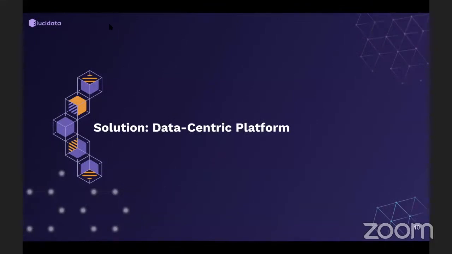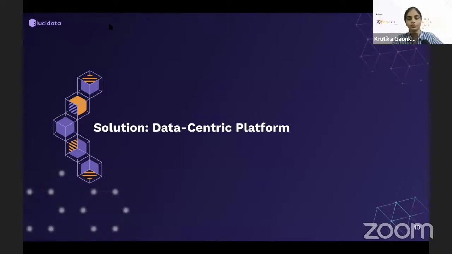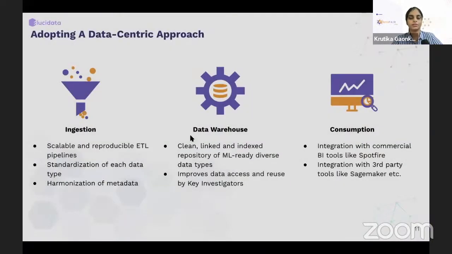And the solution that we propose here is a data-centric platform. Here the data is not only stored, but enhanced via curation and providing a FAIR data management system so that we can enable consumption for all stakeholders. But to implement the data-centric approach, there are 3 key steps that need to be focused on.